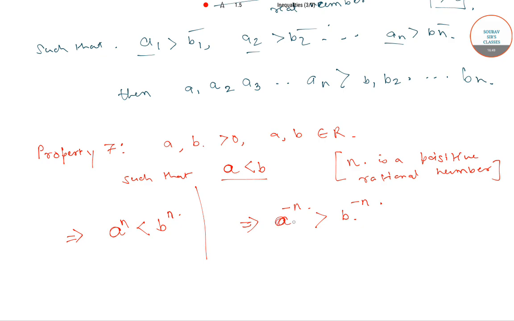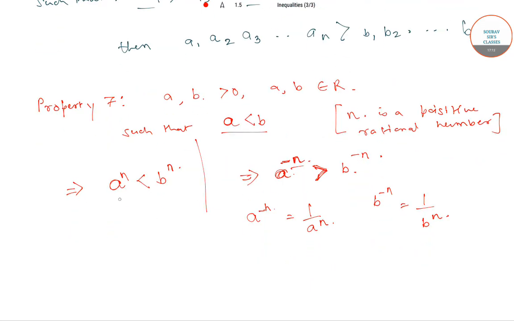So here, when a minus sign appears before n, then the inequality sign would change, because a raised to the power minus n is equal to 1 by a raised to the power n. Similarly, b raised to the power minus n is equal to 1 by b raised to the power n.